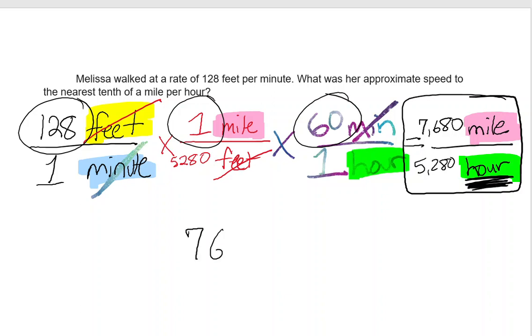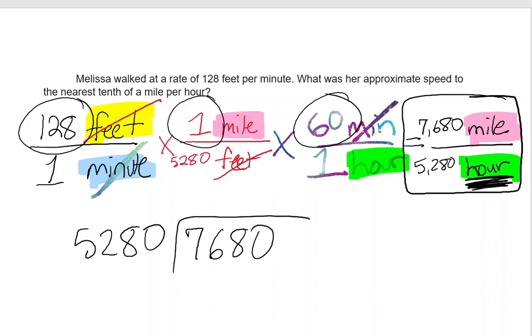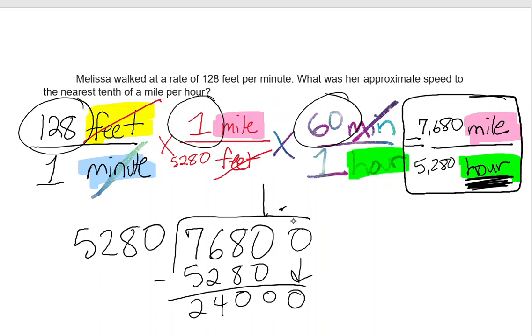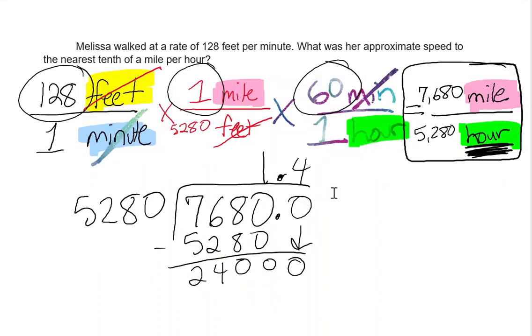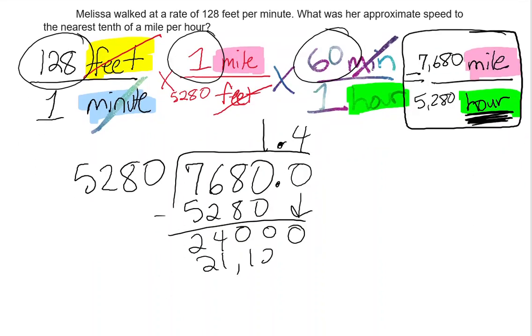So 7,680 divided by 5,280 is 1 point. So when we multiply, we get 5,280, subtract, we get 2,400. We can bring down another 0 to keep dividing, and we get 4. And 5,280 times 4 is 21,120.